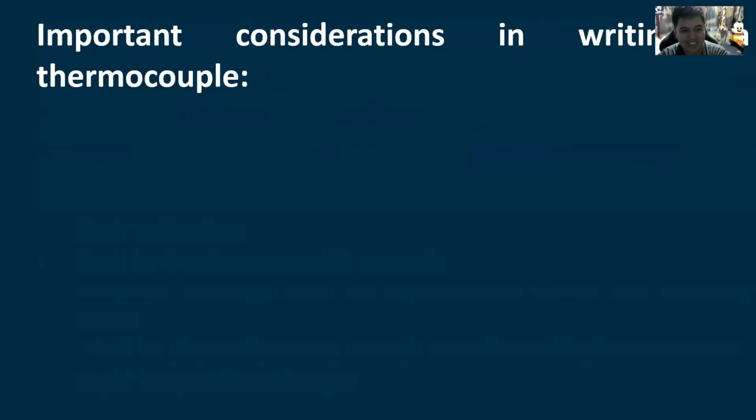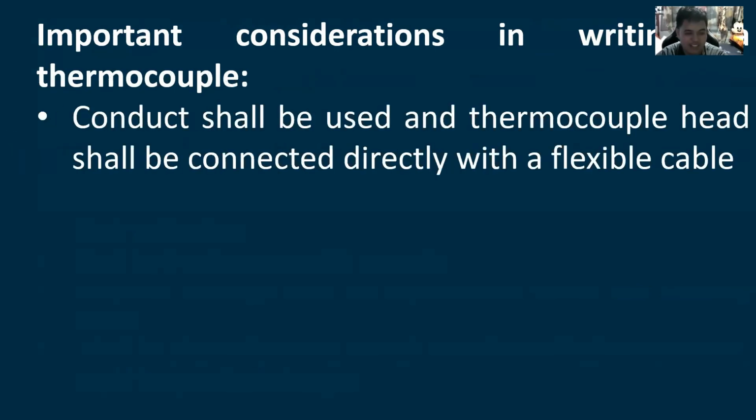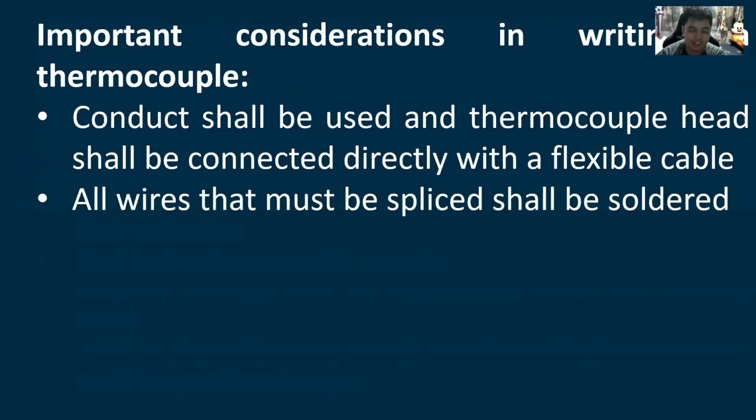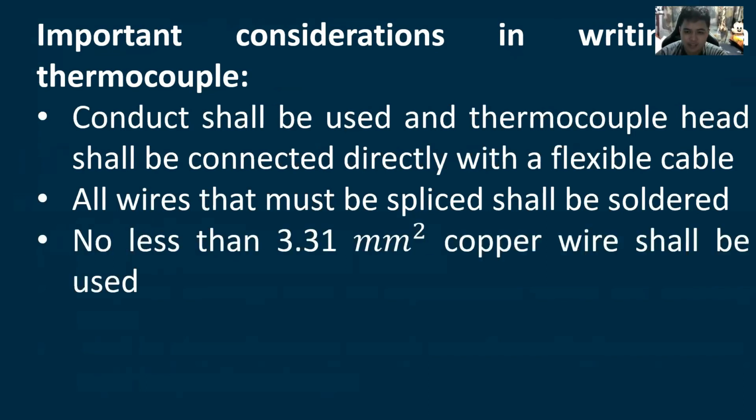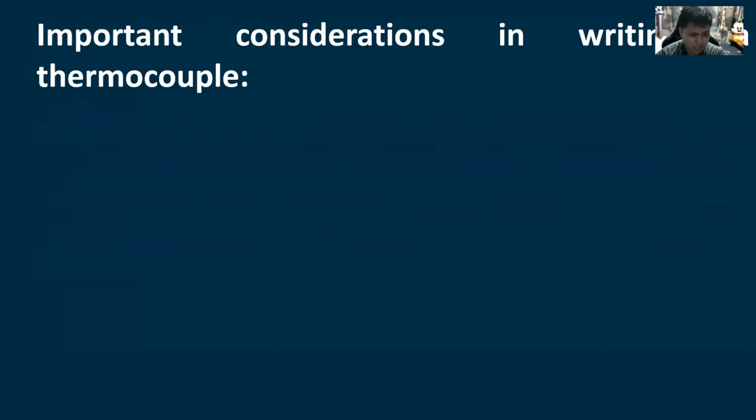Important considerations in wiring thermocouples. The first one is that conduit shall be used and the thermocouple head shall be connected directly with a flexible cable. All wires that must be spliced shall be soldered, and no less than 3.31 square millimeter copper wire shall be used.